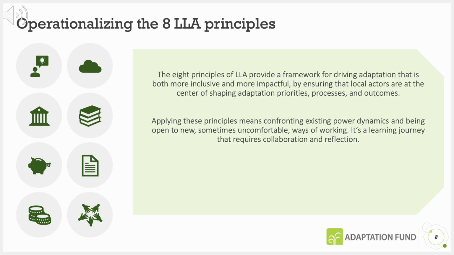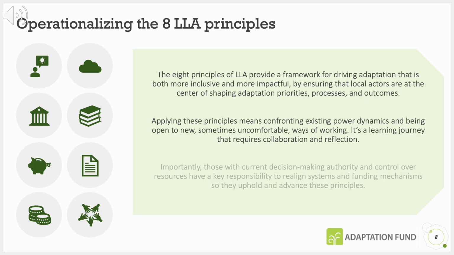It's a learning journey that requires collaboration and reflection. Importantly, those with current decision-making authority and control over resources have a key responsibility to realign systems and funding mechanisms so they uphold and advance these principles.